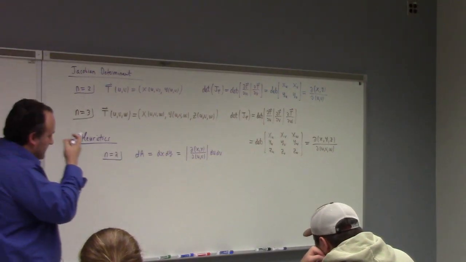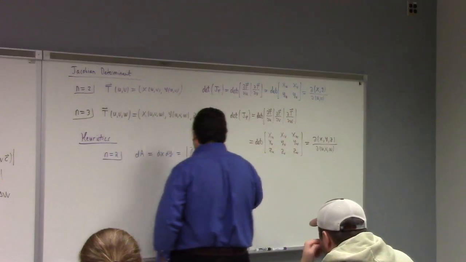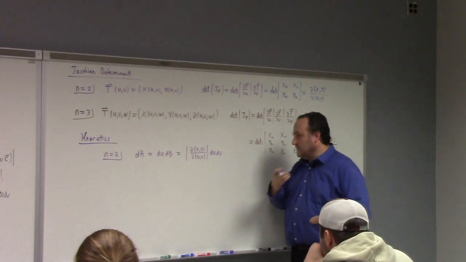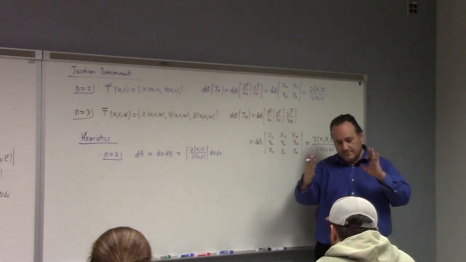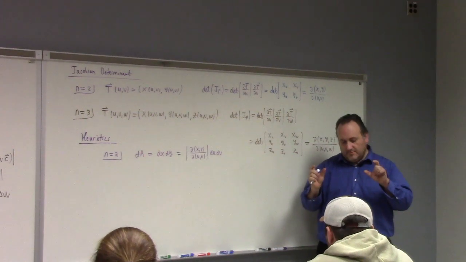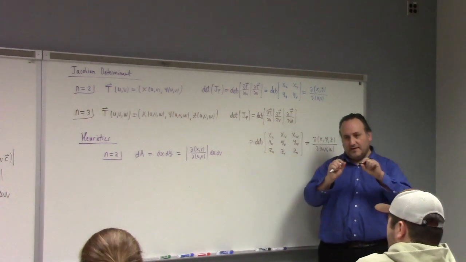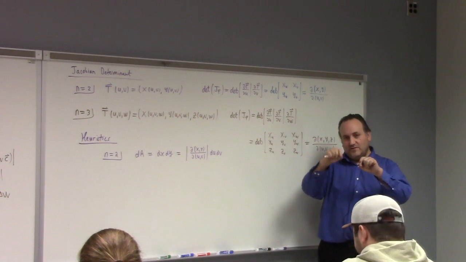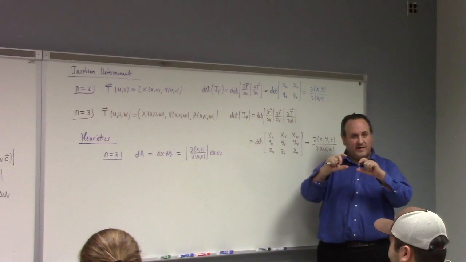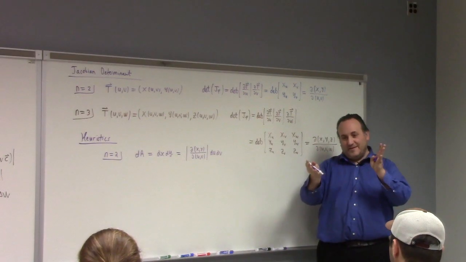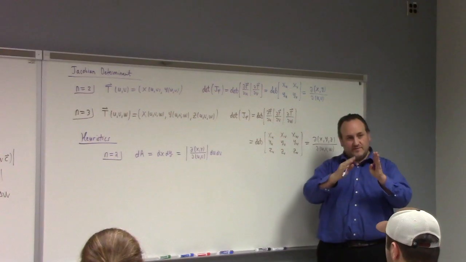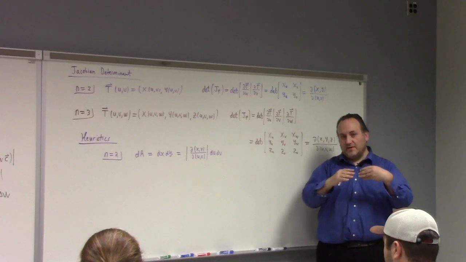Essentially, we need this Jacobian factor to account for the fact that if we look at little chunks of the plane that depend on a change in u and a change in v of a particular amount, the amount of area that subtends depends on the details of the formulas that define u and v.